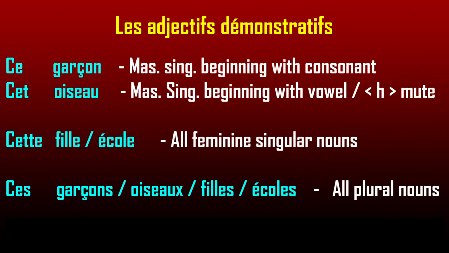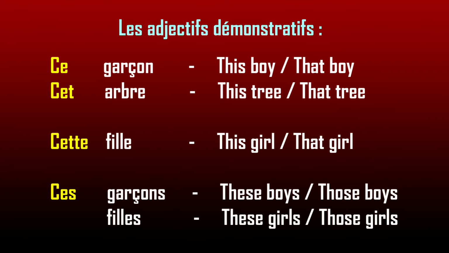For demonstrative adjectives in French: ce garçon, cet oiseau, cette fille, cette école, ces garçons, ces oiseaux, ces filles, ces écoles. Ce and cet for masculine singular nouns, cette for all feminine singular nouns, and ces for all plural nouns.